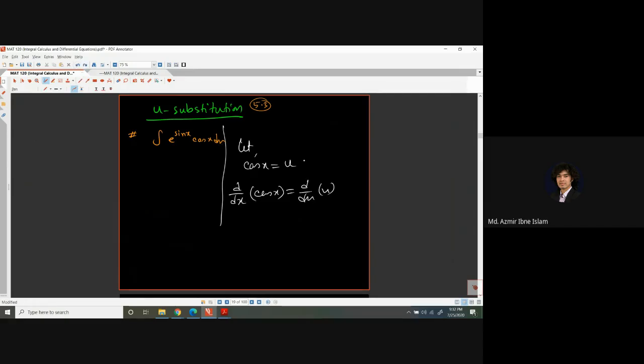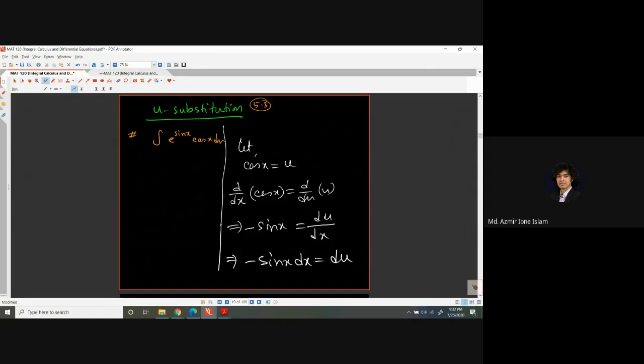I am not sure whether this function, cosine x, is suitable or not. We will understand within some seconds. So the differentiation of cosine x is equal to negative sine x, and the differentiation of u with respect to x gives du dx. So negative sine x dx is equal to du.